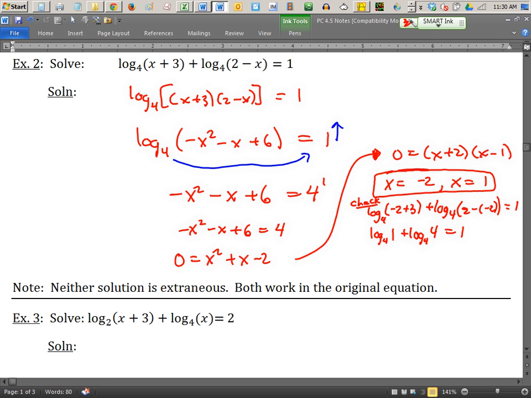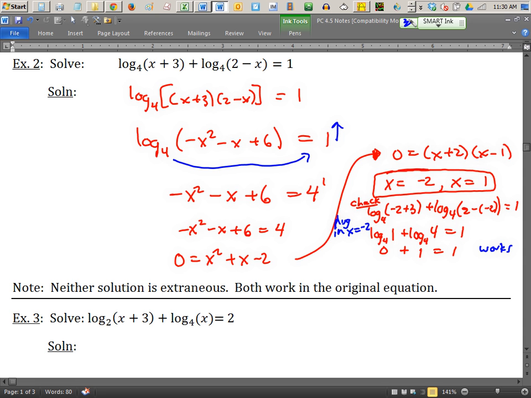What power of 4 makes 1? The 0th power. And what power of 4 makes 4? The first power, right? So this gives you a true statement. And if you try plugging in the x equals 1, it works as well. So I'll just write down, I plugged in x equals negative 2, and it worked.